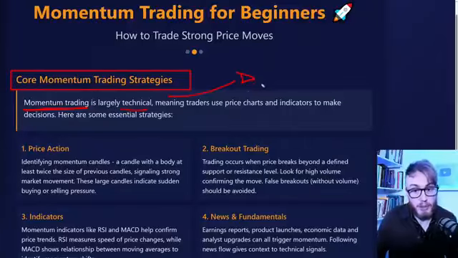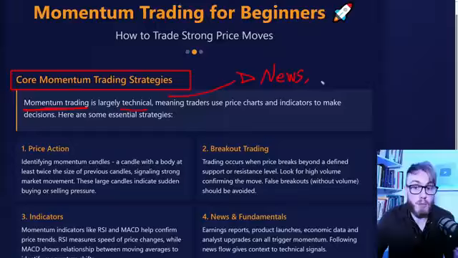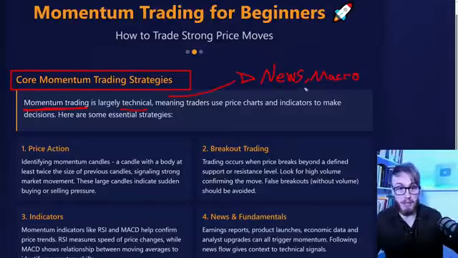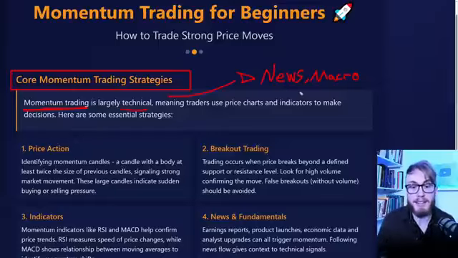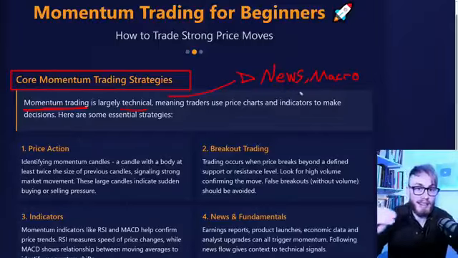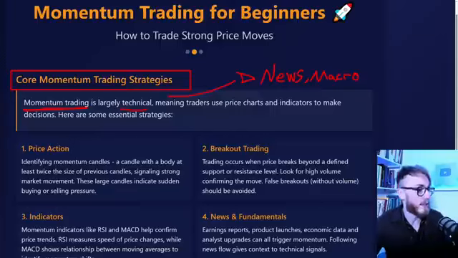There are, for example, some traders that are trading news and riding the momentum of the news, and some traders are trading macroeconomic factors and so on. But in this video, we will focus on technical analysis, and this is when we study price charts and the psychology behind the price movements.